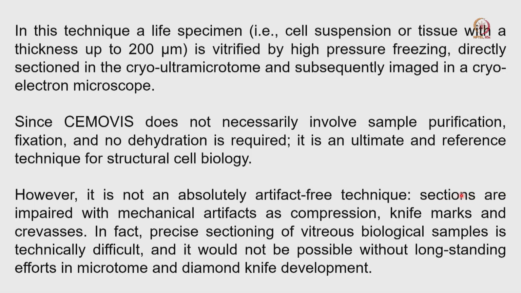Whenever we do the sectioning, whether with a diamond knife or a glass knife, due to this mechanical section there will always be knife marks and different kinds of damage when it cuts the cell. In fact, sectioning of vitreous biological samples is technically very difficult, and it would not be possible without a long standing effort in microtome and diamond knife development. So, how can we use this technique?